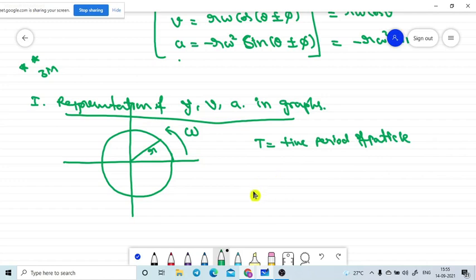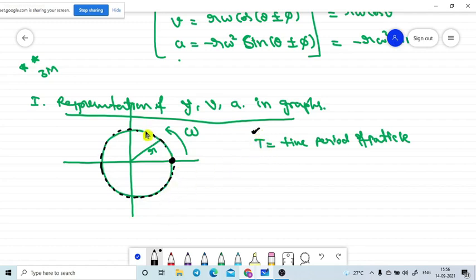Time period is nothing but the time taken to complete one oscillation. One oscillation means the particle should come back to where it started after a given interval of time. That means to complete this much path, the particle takes T time. This is the equation.